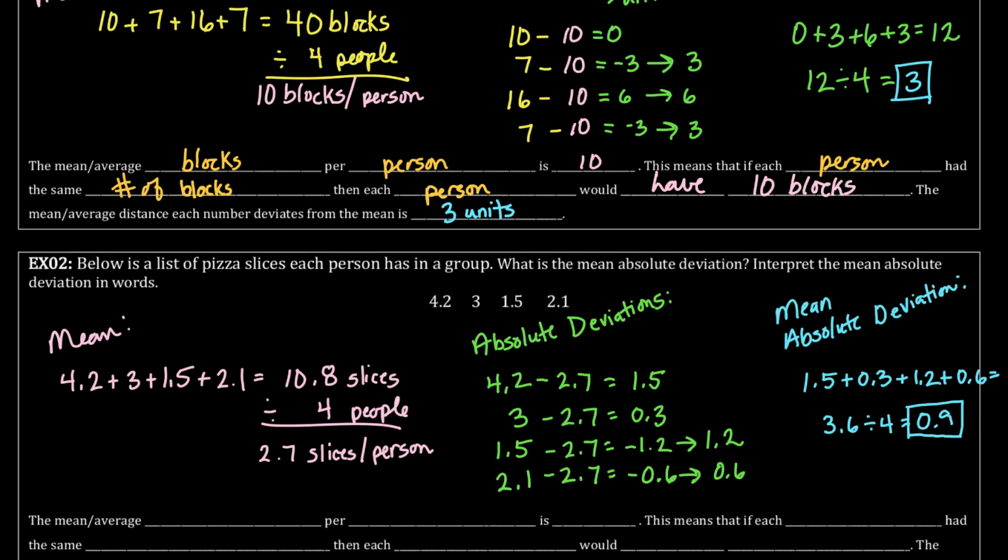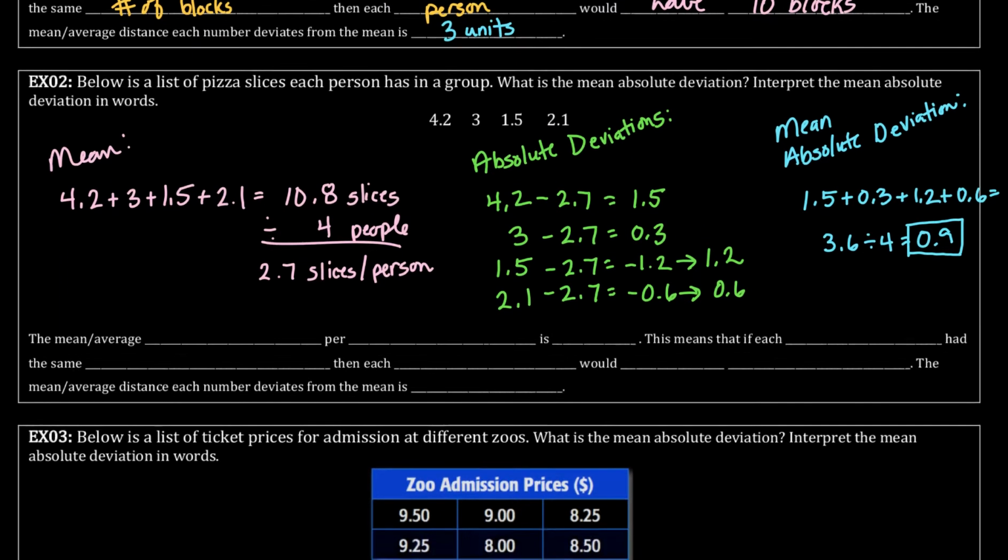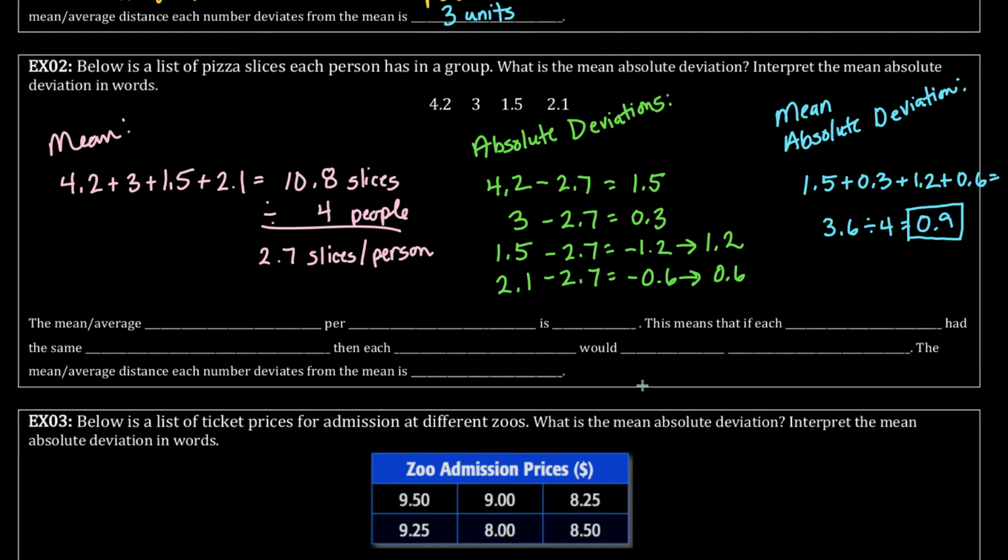So let's do our statement, and I don't really think I need to walk through the whole one, but I'll explain it. So the average number of slices per person is 2.7.